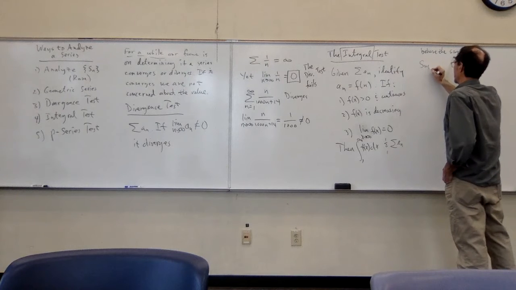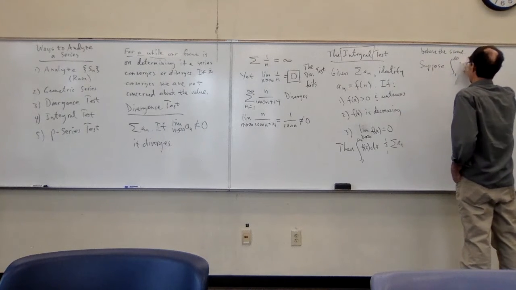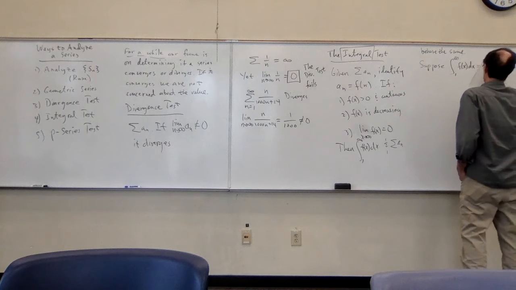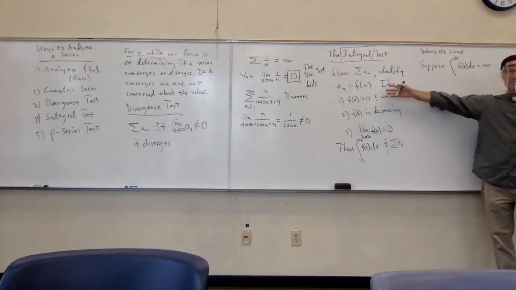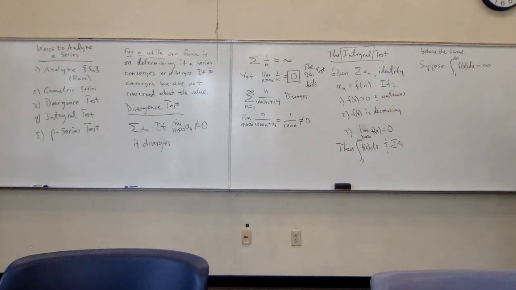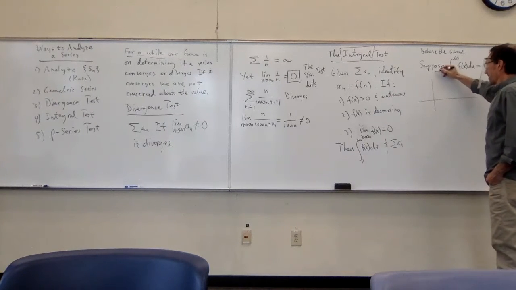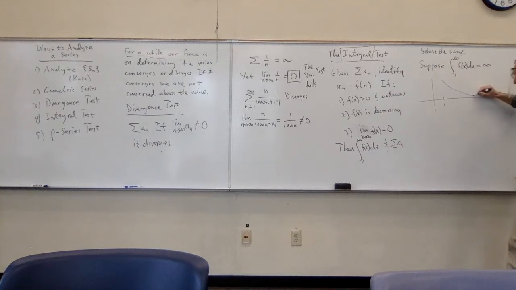Let's start with, suppose the integral from 1 to infinity of f of x dx diverges. It equals infinity. If it meets these conditions, then the only way it can diverge is by going to infinity. Because it meets those conditions, I can draw a graph. I don't know what it does over here, but starting at 1, it's got to decrease to 0.